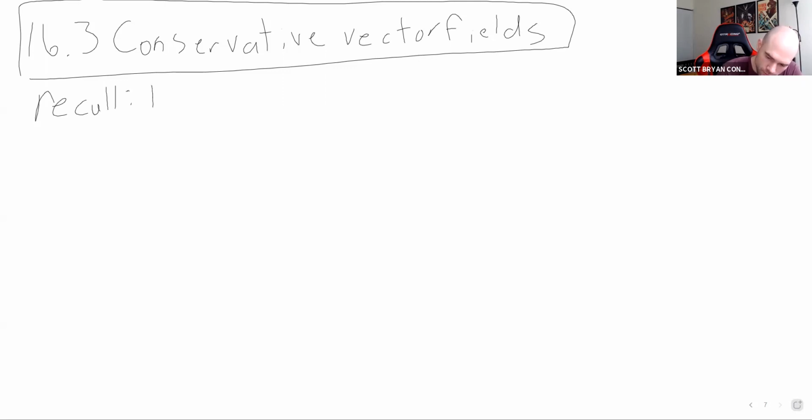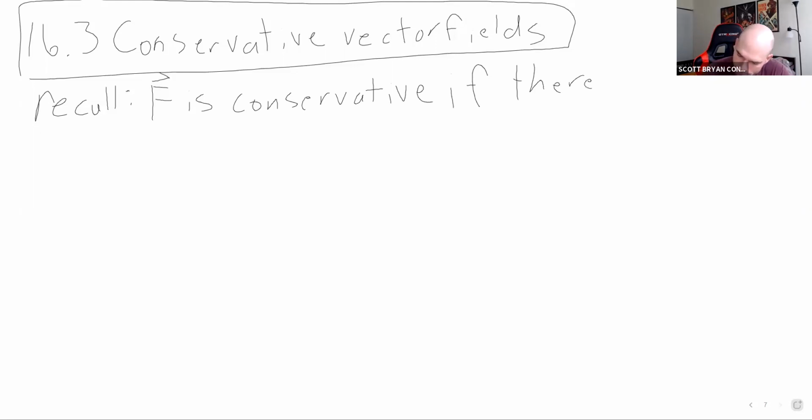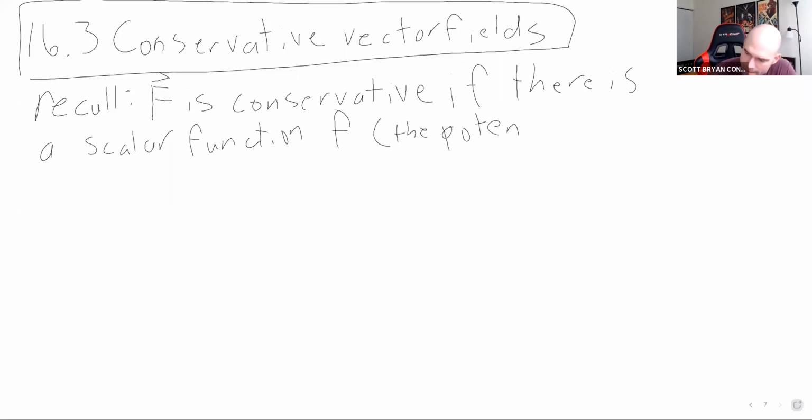So recall, we say a vector field F is conservative if there's a scalar function, little f, we call it a potential function, such that our vector field is the gradient of that potential function.